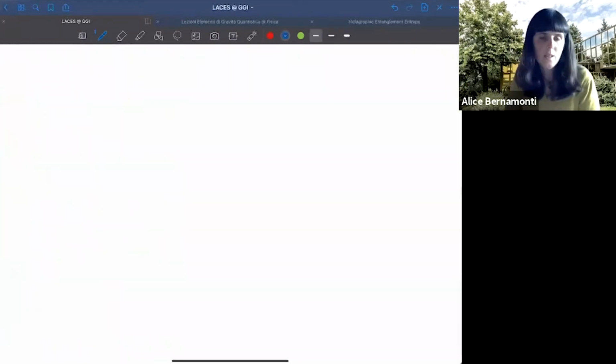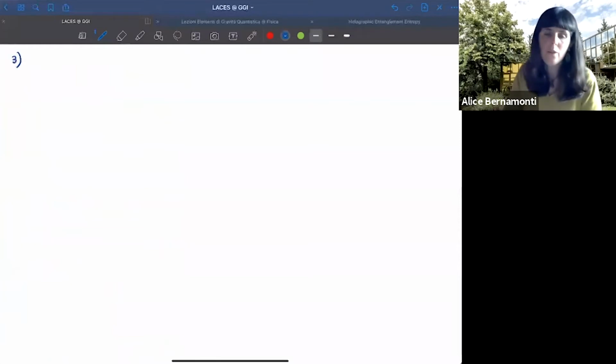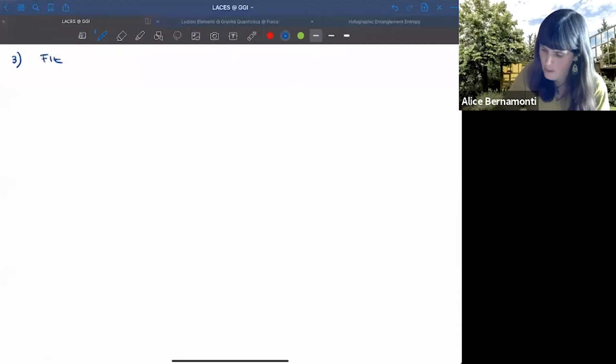Okay, so let's move to the next fundamental entry of the dictionary, which is the so-called field operator correspondence.